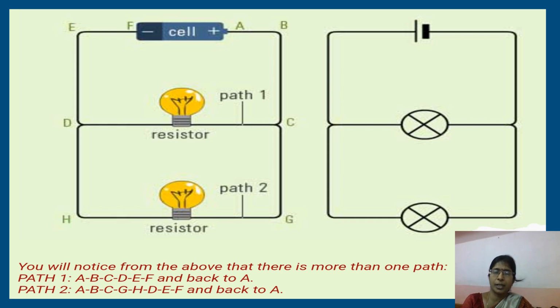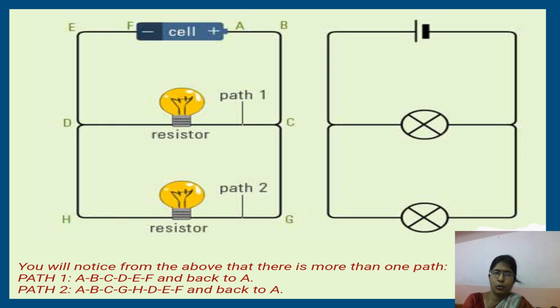Starting from the positive terminal A to B and then to C, after reaching this point, it can take the second route. From C, it moves on to G and then to H, to D, E and finally to F.